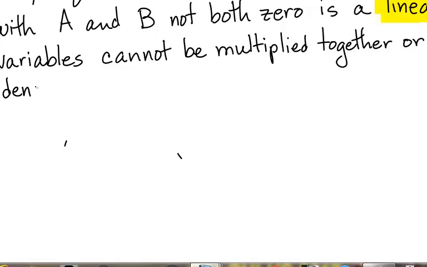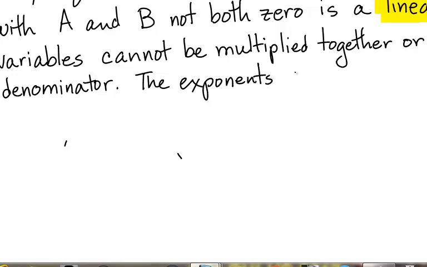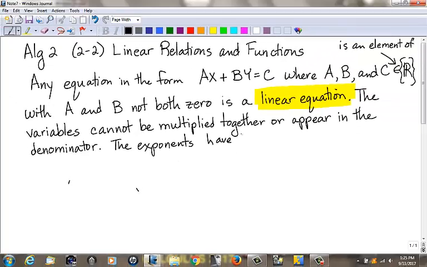You work with linear equations, equations of lines, in Algebra 1. So basically you can't have an x times a y. You can't have a variable down in the denominator. It won't graph a line. And the exponents have to be 1.